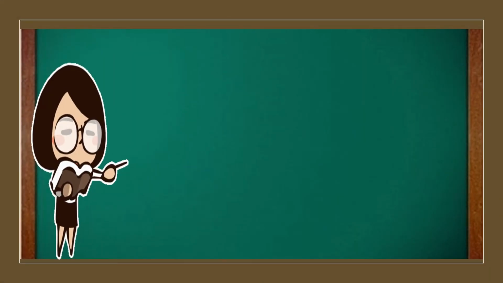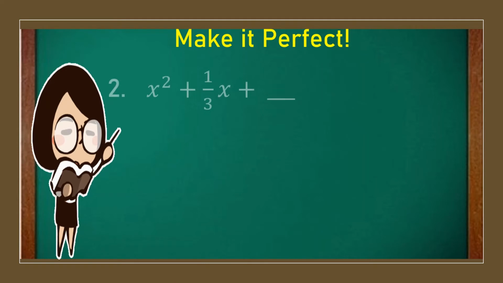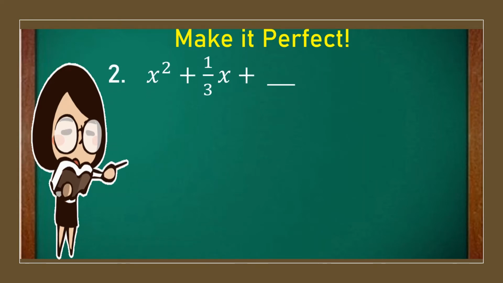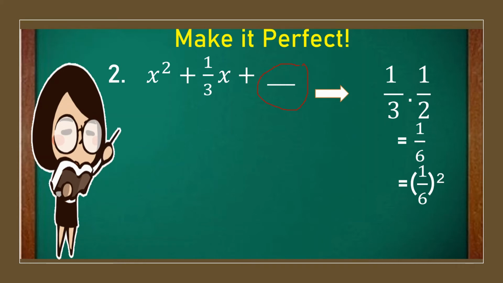Okay guys, number 2. x squared plus 1/3 x plus blank. So, what must be added on the third term? We will get the second term. Our second term is 1/3, and divided by 2 means times 1 half. So, 1/3 times 1 half is 1/6. Then, multiply it by itself.